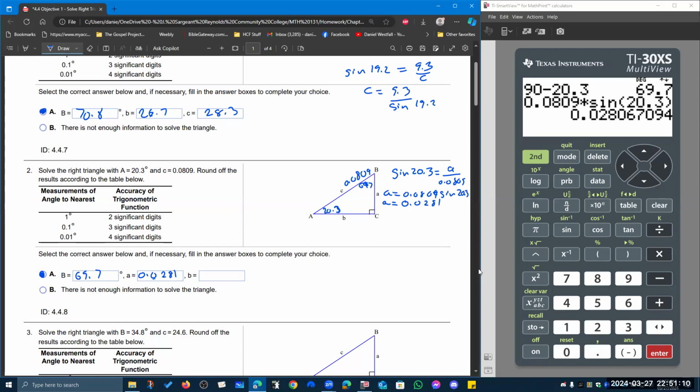Now we're going to have cosine of 20.3 is equal to B over 0.0809.